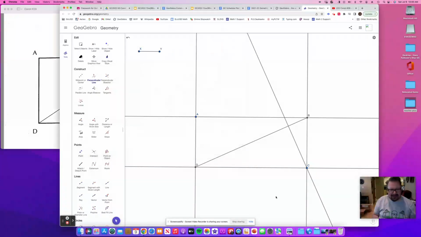So let's mark this intersection, and then a parallel line tool, parallel to this line, but through that point.